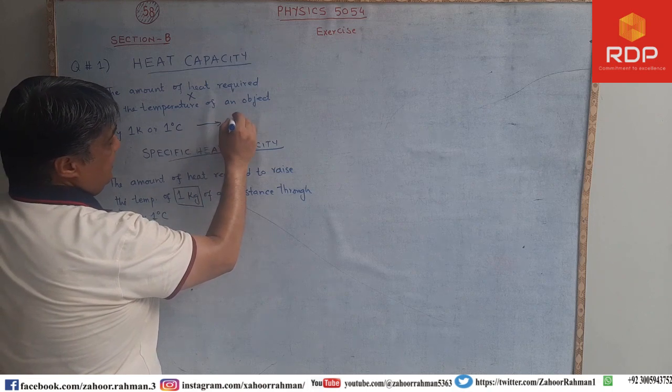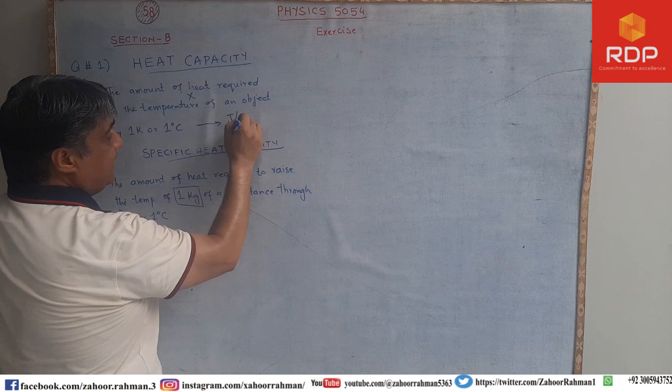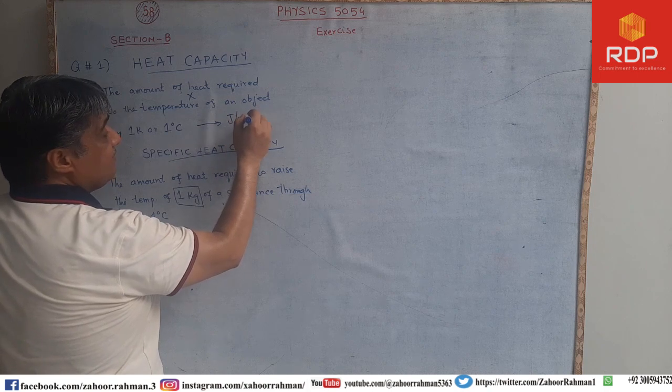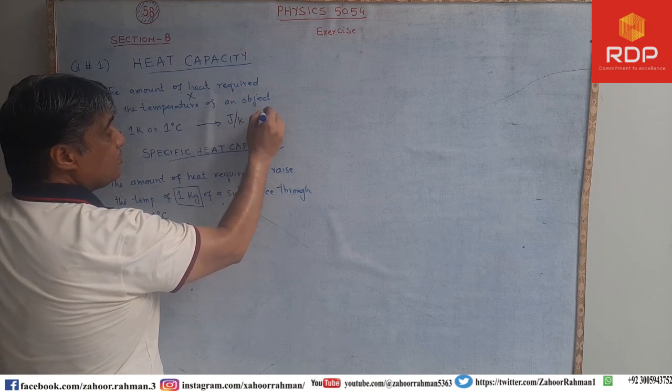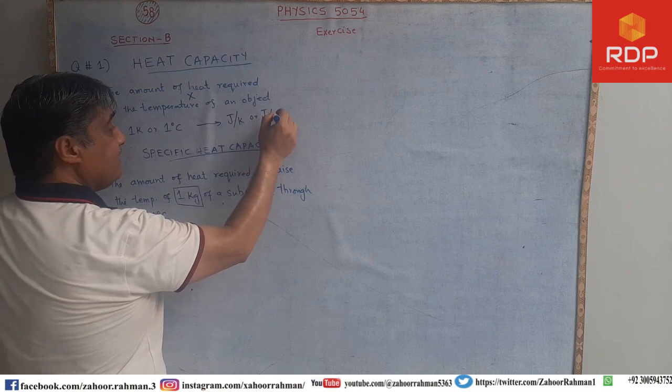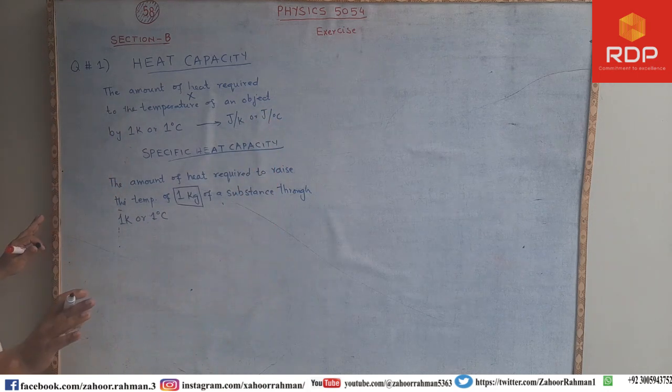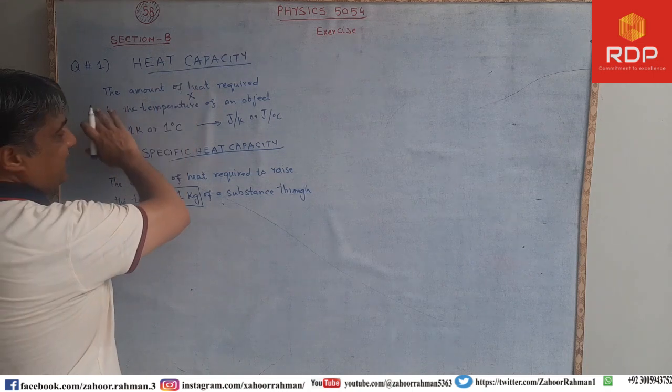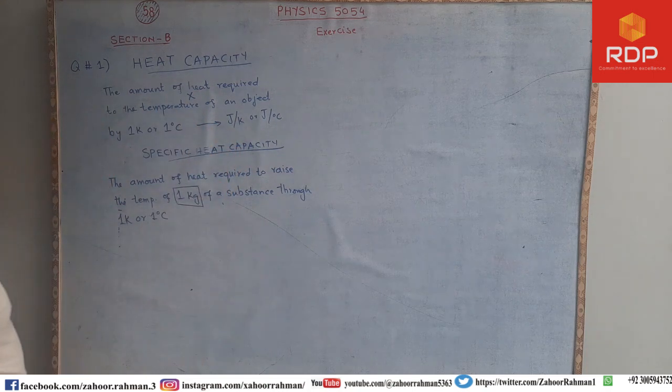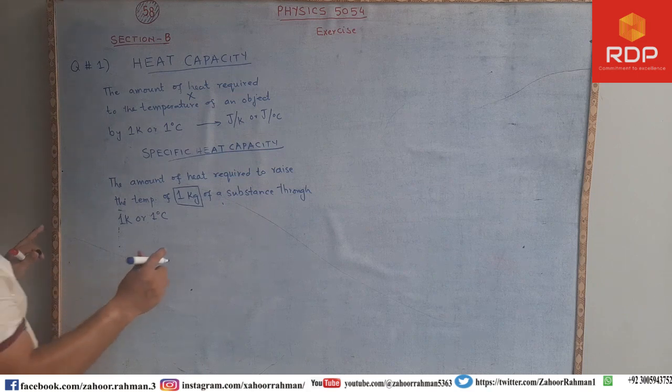The unit is joule per Kelvin or joule per degree Celsius. If nothing is said about anything and only the unit is given, then you have to understand that this is a heat capacity.